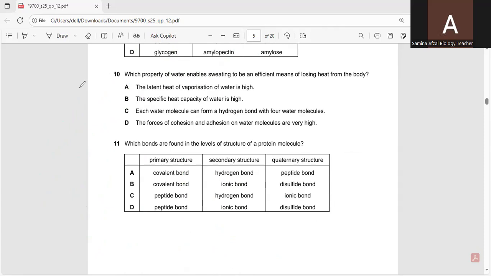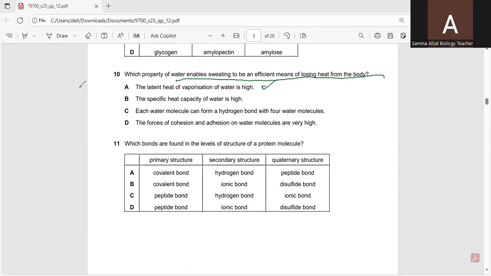The latent heat of vaporization is the amount of energy used to convert a liquid into a gas, or to convert water into vapors. So this enables sweating to be an efficient means of losing heat from the body. So it can be the correct option.